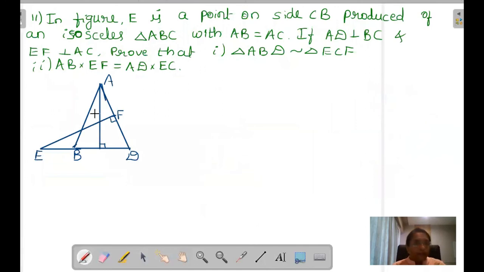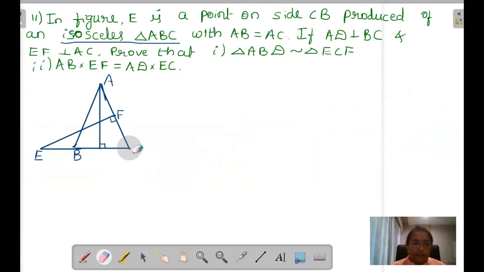In the figure, E is a point on side CB produced of an isosceles triangle. So here we are given isosceles triangle ABC. Let me make the correction here.